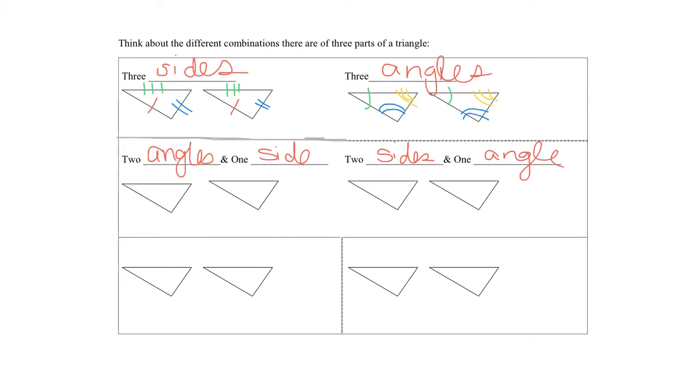If we talked about 2 angles and 1 side, let's look at what this could look like in the picture. If we have 2 angles, it could be this angle here corresponding to that angle there. And then here's another angle. So maybe this angle over here and this angle here. But for the side, let's say it's the side right between those.